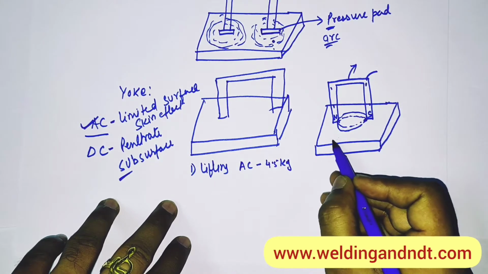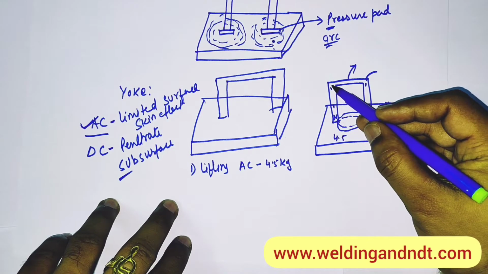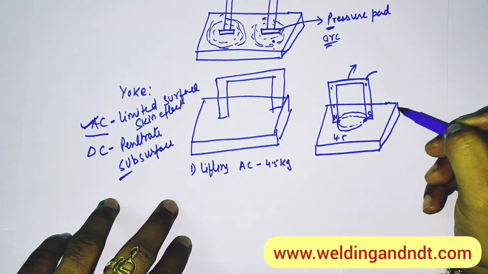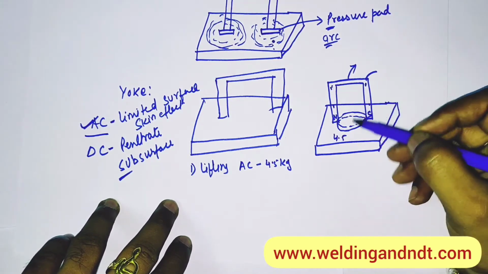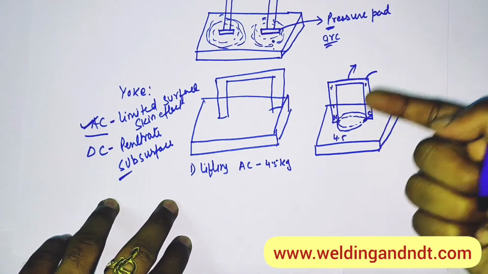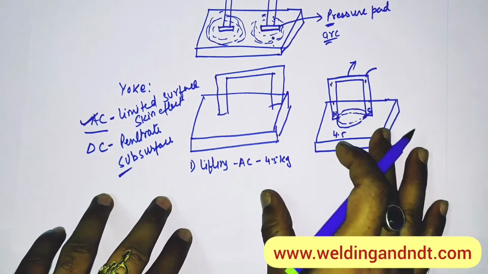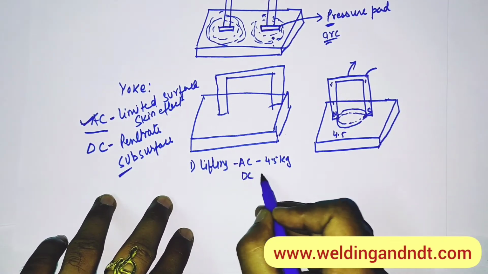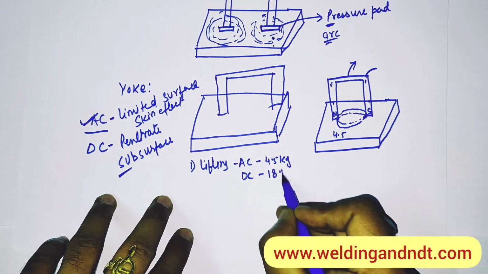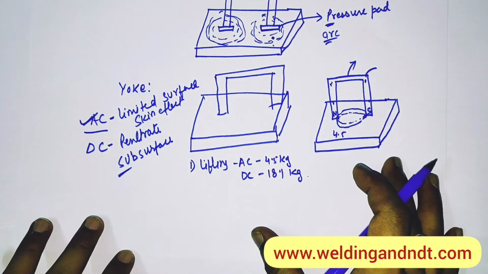Means suppose the weight of this material is 4.5 kg, and when you magnetize this part with the help of this yoke, then this yoke will be able to attract and lift this 4.5 kg specimen. So the lifting capacity in AC will be 4.5 kg and in DC it will be 18.1 kg. So this is the lifting capacity.